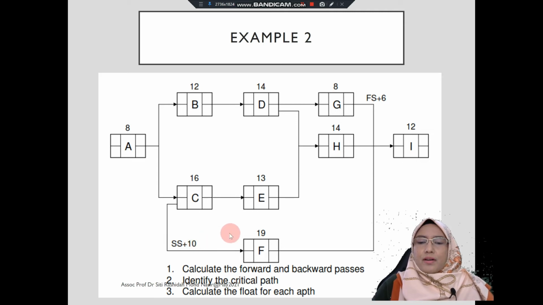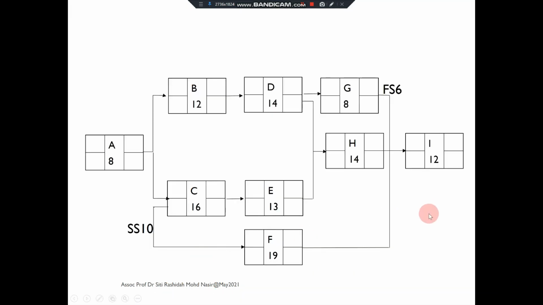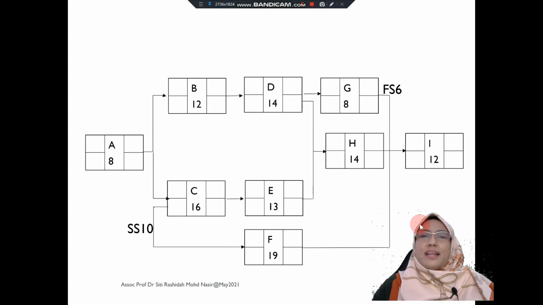You need to use forward pass and backward pass to calculate the early start, early finish, late start and late finish. You also need to identify which are the critical paths and calculate the float for each of the activities. Let's do this example together.